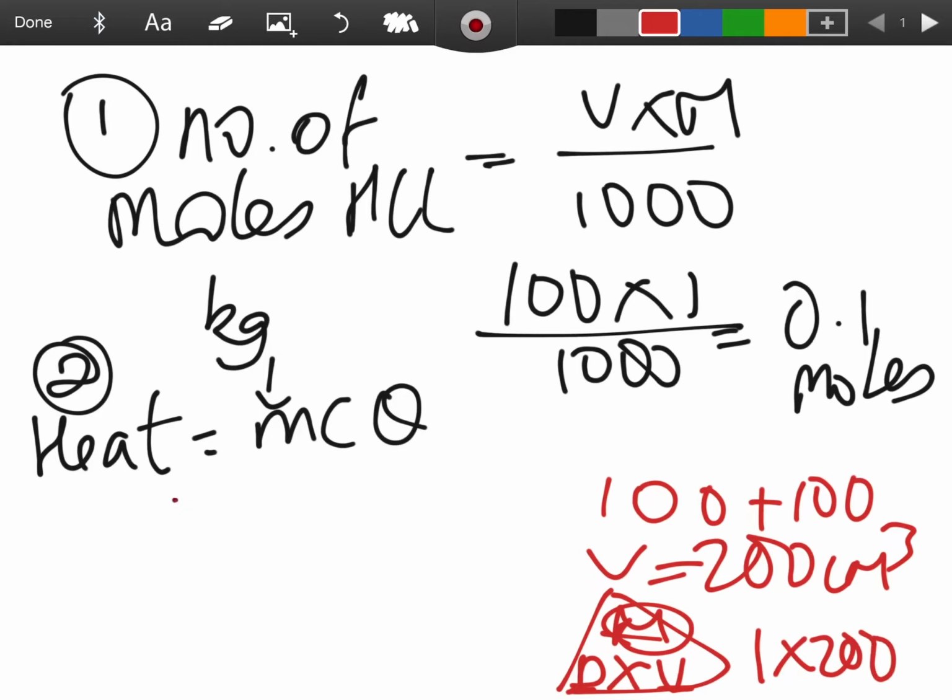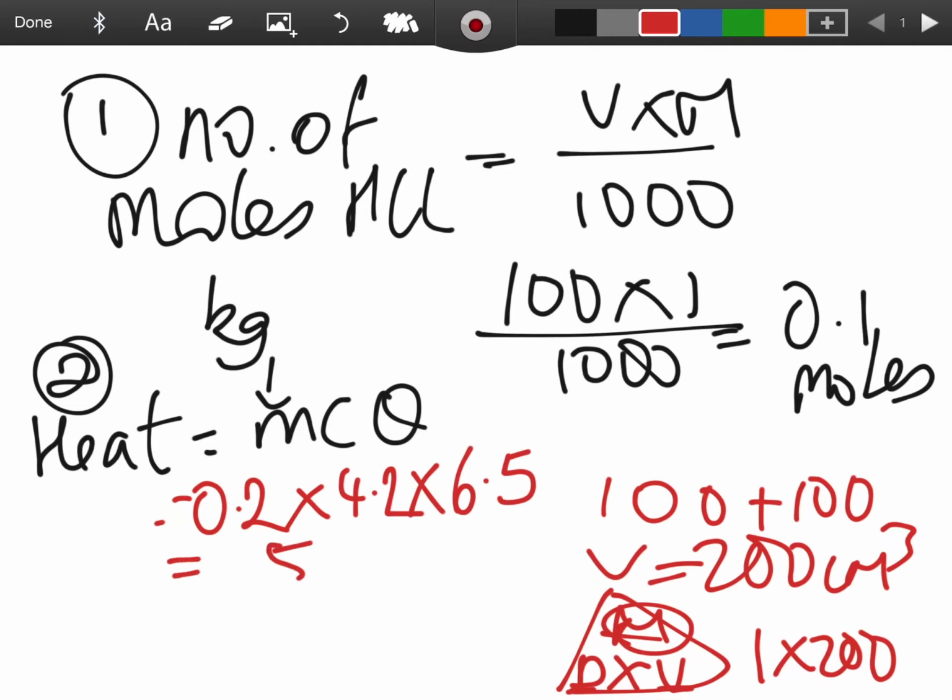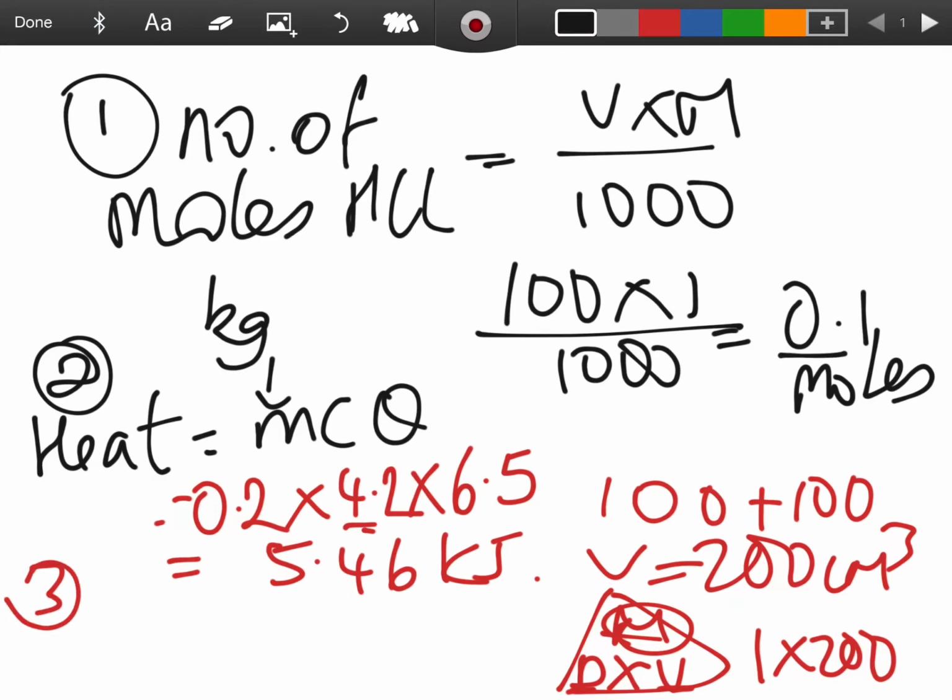So to get the mass, you multiply 1, which is the density, by the volume, which is 200. So you're getting 200 grams. But you must convert that to kgs by dividing by 1,000. They told you to use 4.2 for the specific heat capacity, and the rise in temperature was 6.5. And then when you calculate the heat that's made in the cup, you're getting that in kilojoules because your specific heat capacity value was in kilojoules, so stick with kilojoules.